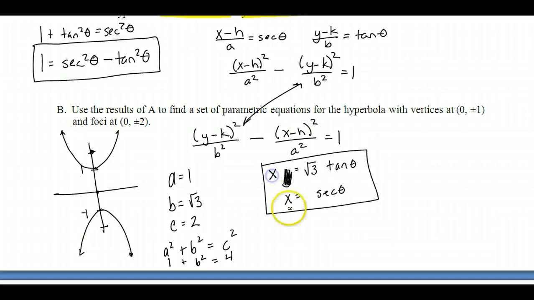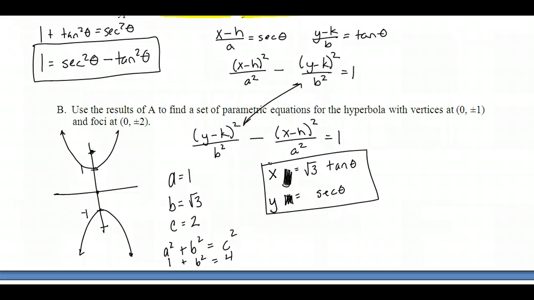So this becomes the x, and this becomes the y. Basically it's because when we set up our equations now, I have to follow the Pythagorean identity because subtraction isn't commutative. So secant has to be first here, and when you have your secant squared, that is your y, and tangent squared will then be your x, so that will switch the order of it.